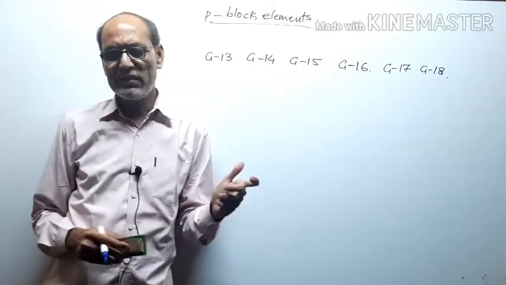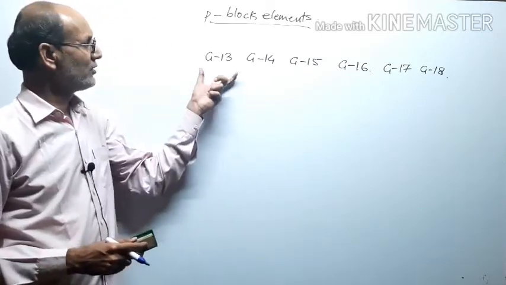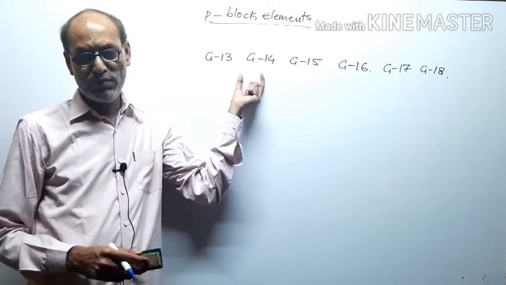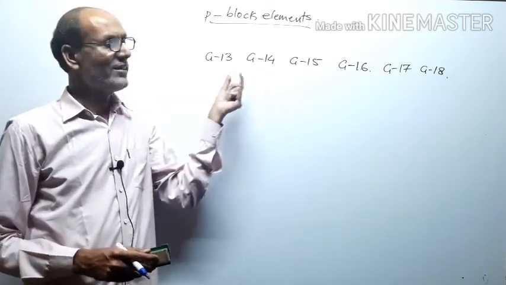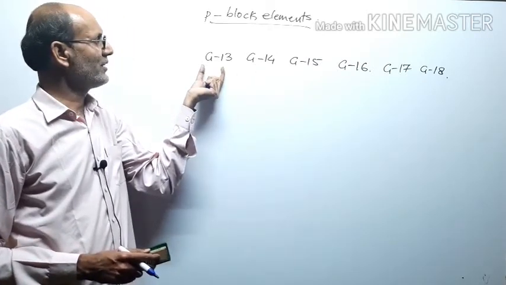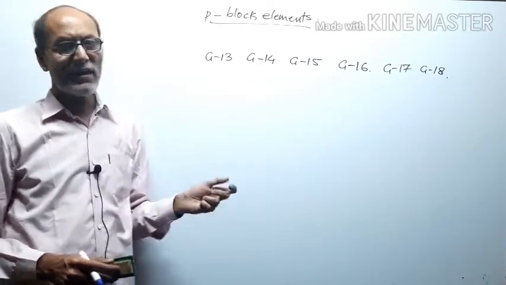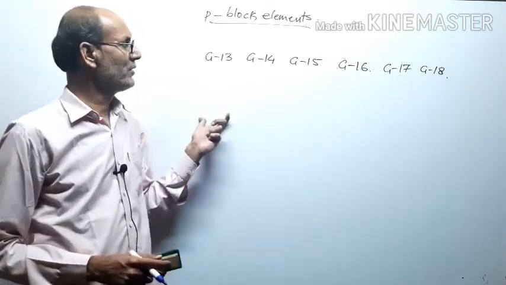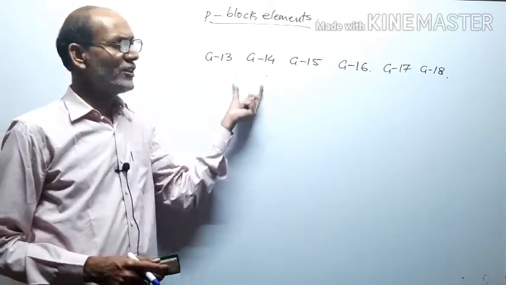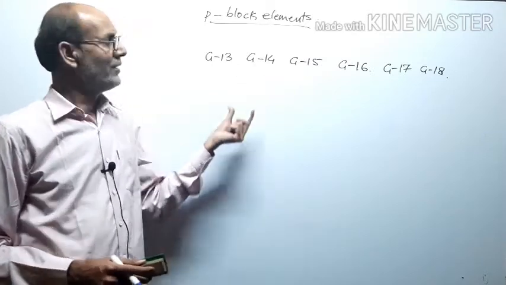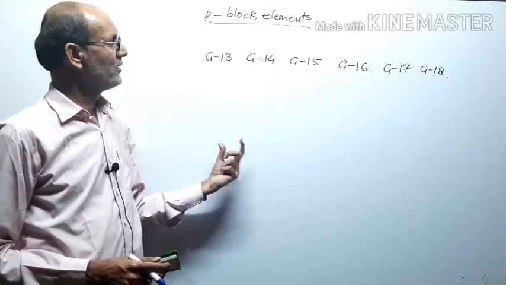In class 11th we study the group 13 elements and group 14 elements. Group 13 elements are called the boron family, while group 14 elements are called the carbon family.